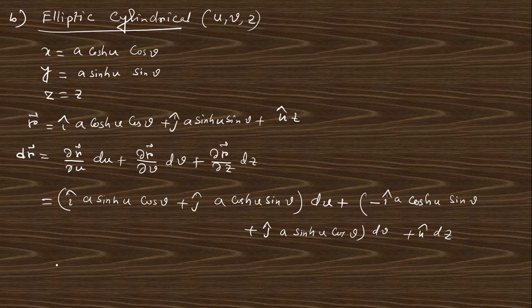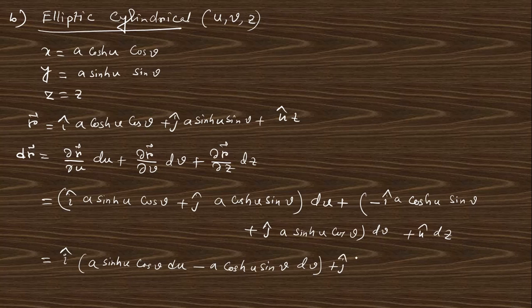Clear? So if we arrange with respect to i j k, this is i cap a sin hyperbolic u cos v du, and from here minus a cos hyperbolic u sin v dv, and there is no i cap.